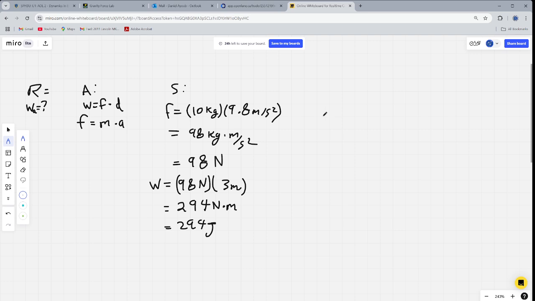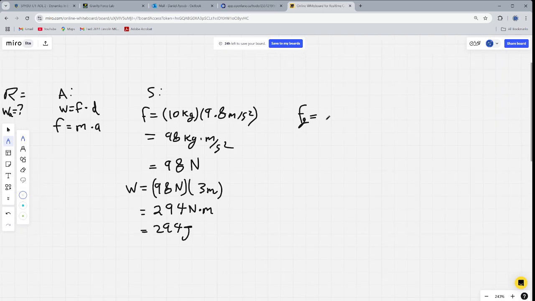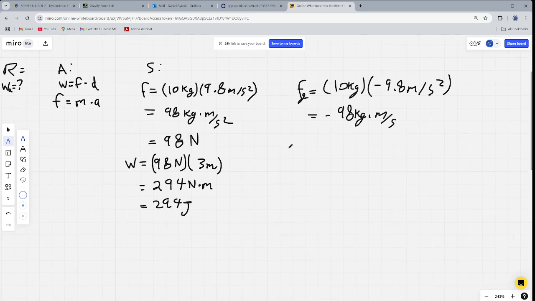But this time we're going to calculate force not applied, but force of gravity. And for force of gravity, we're going to have the same mass, that didn't change. But now gravity is accelerating us downwards, so we have negative 9.8 meters per second squared, and we're just going to have negative 98 newtons. And we can do the exact same thing, except now, since our force is negative, our work is also going to be negative.